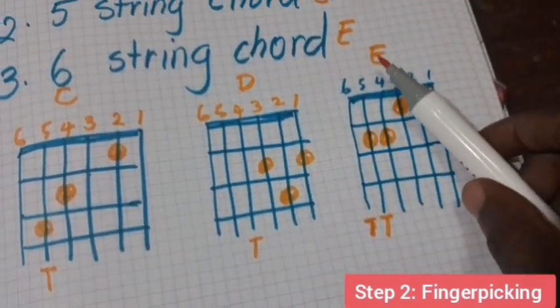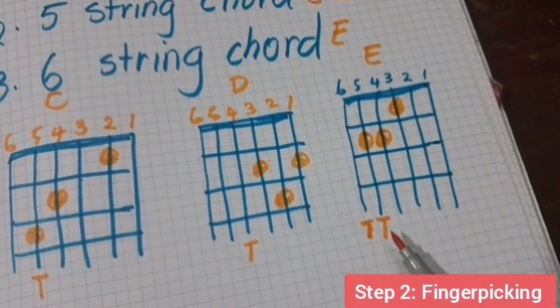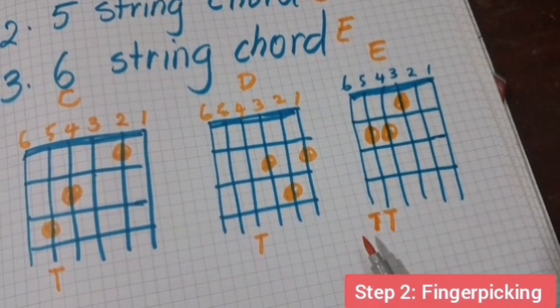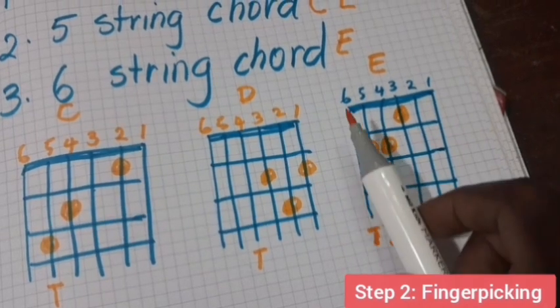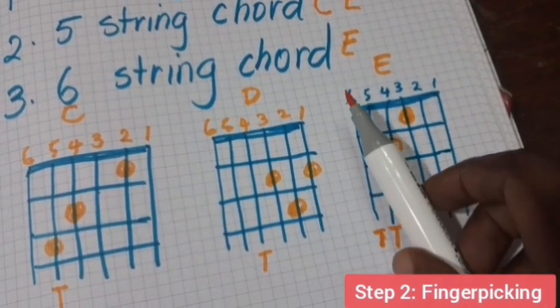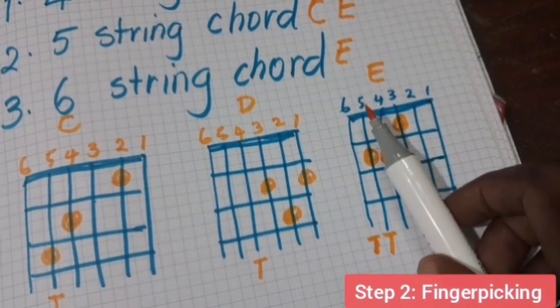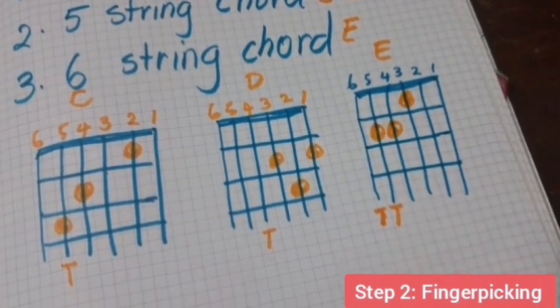So when you are picking the key of E, your thumb strikes the string number 6 or the string number 5.